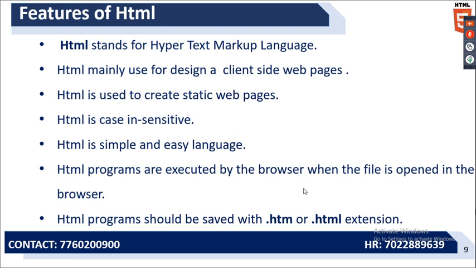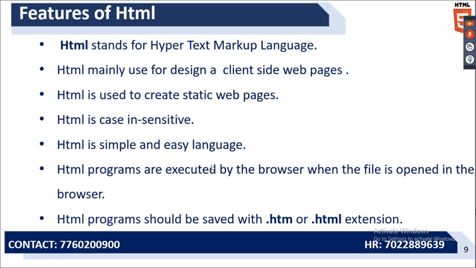When the browser executes the .html file, we call that file a web page. A website is nothing but a collection of web pages. So what do you mean by web page?